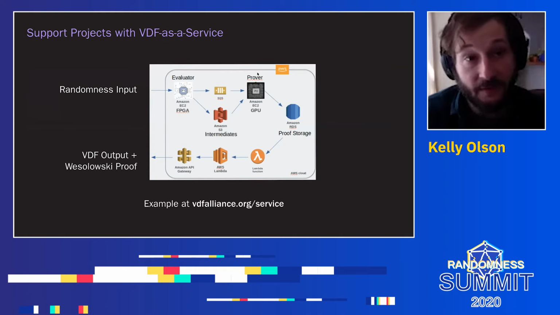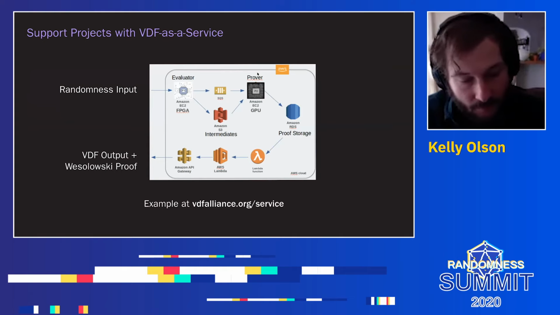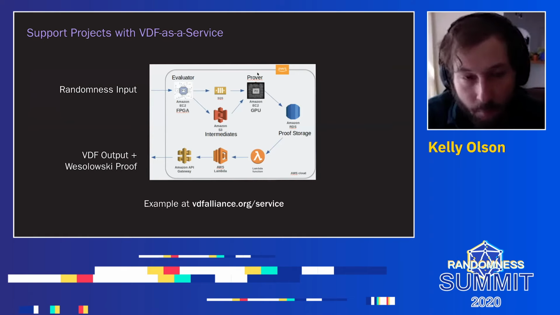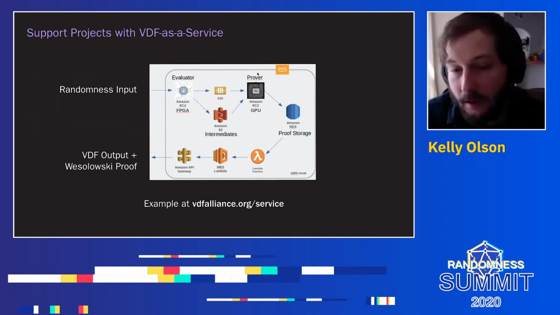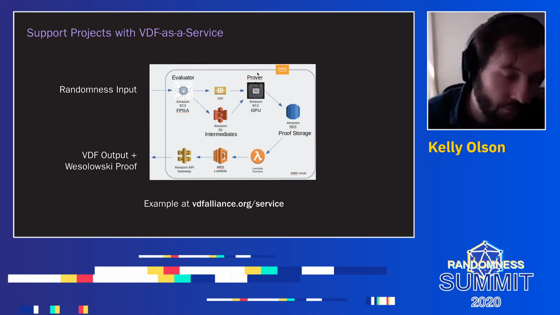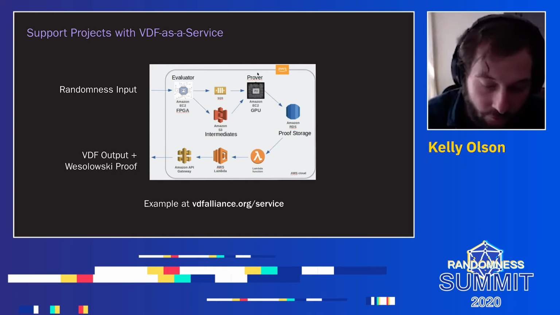The way that this VDF service works is that it's an API-based portal where a user can submit some randomness in. We'll evaluate the VDF on that FPGA instance running in the Amazon cloud. We'll generate a proof using an Amazon GPU instance, and ultimately this will get returned to the user and can be efficiently verified on chain. So that's the first thing that we're looking forward to do.